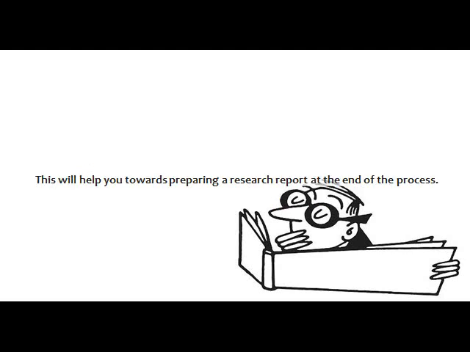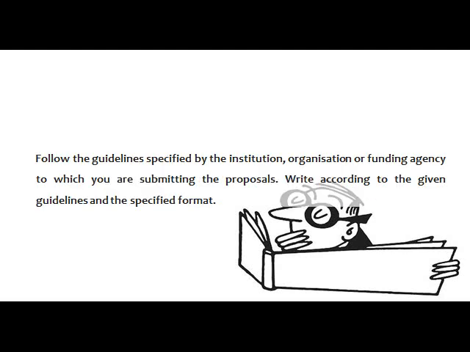This will help you towards preparing a research report at the end of the process. Follow the guidelines specified by the institution, organization or funding agency to which you are submitting the proposal. Write according to the given guidelines in the specified format.